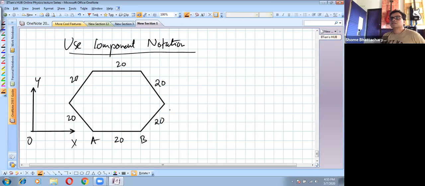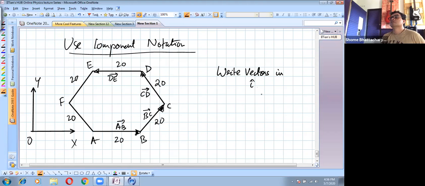So if I label this side as AB, this side as BC, this side as CD, DE and EF, then I can think of this as a vector, A to B as a vector, then I can think of this as a vector, this vector from B to C, like that, this as the vector C to D, and this as the vector D to E. Now what I want you to do is write the vectors in the i cap j cap notation.